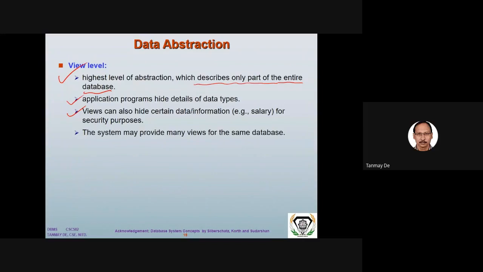He or she is not eligible to see the salary of a particular employee, or how much salary is drawn by the branch manager. For security reasons, certain data or information can be hidden from specific users.